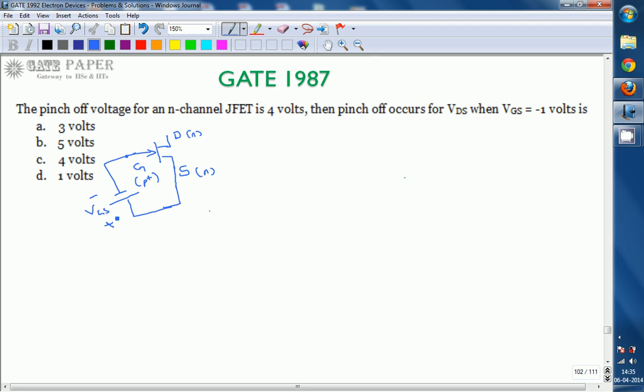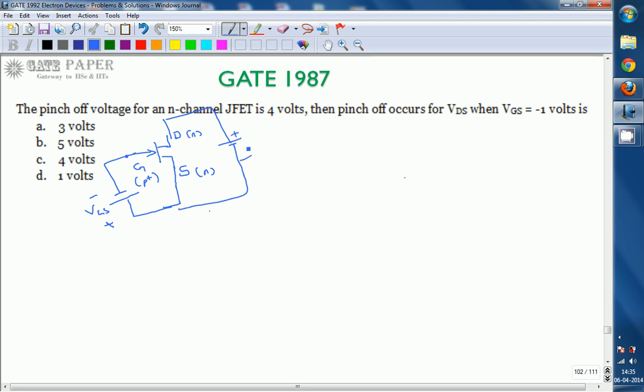So we should not connect positive gate voltage for the N channel JFET and negative gate voltage for the P channel JFET.